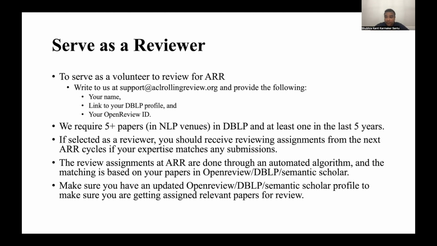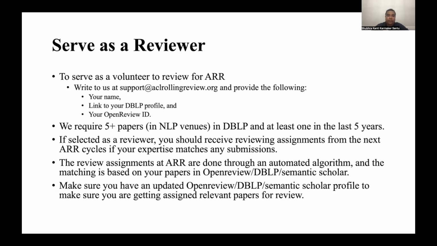All right, so for reviewers, if you want to serve as a reviewer, first of all, thank you very much. We are always looking for highly qualified reviewers to ensure a good quality peer review process. So if you want to serve as a reviewer, please write to us at support@aclrollingreview.org and provide us with the following: your name, link to your DBLP profile, and your Open Review ID.